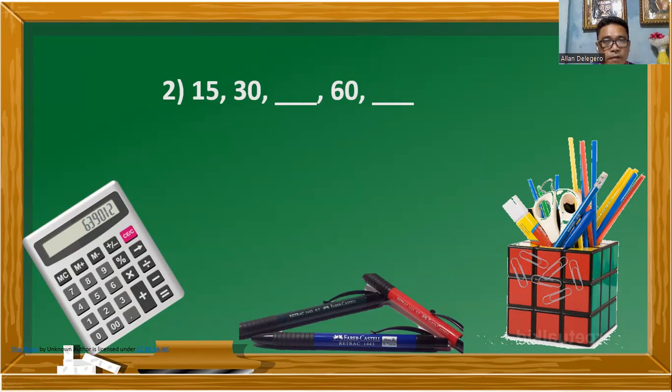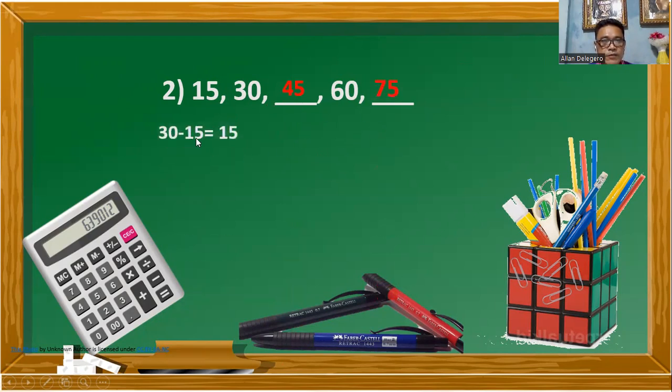So this is ascending order. So you can use addition or multiplication, but here the missing terms are 45 and 60.